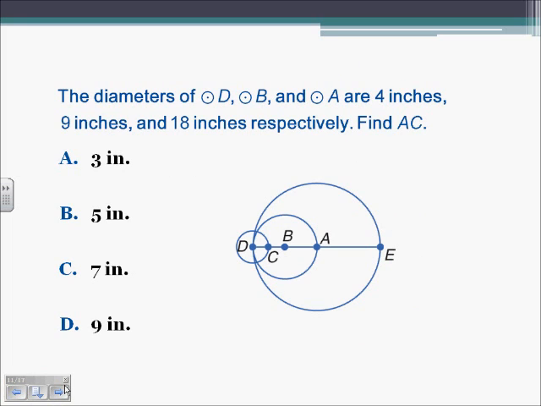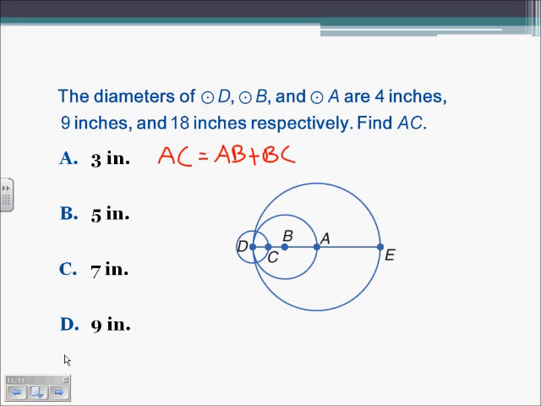If the diameters of circle D, circle B, and circle A are 4 inches, 9 inches, and 18 inches respectively, find AC. So we know we're looking for AC. AC is going to equal AB plus BC, and that's using our segment addition postulate.